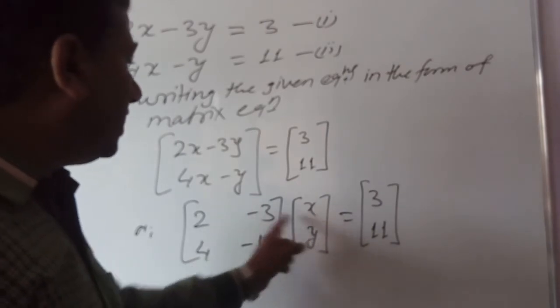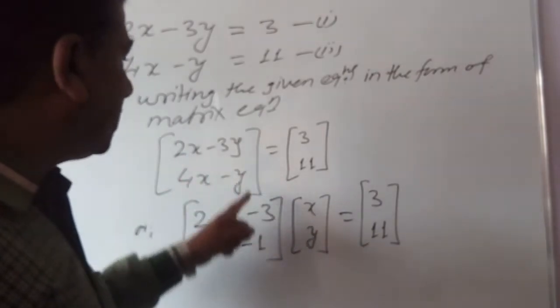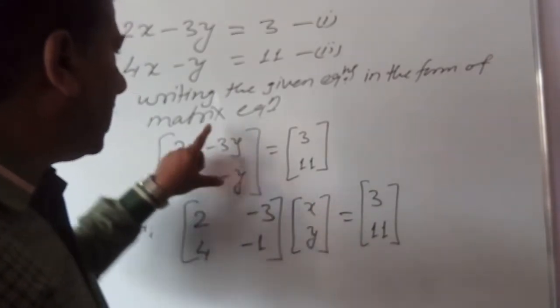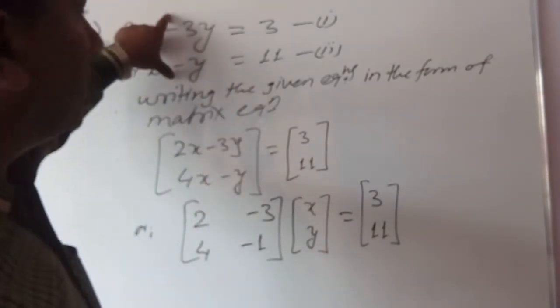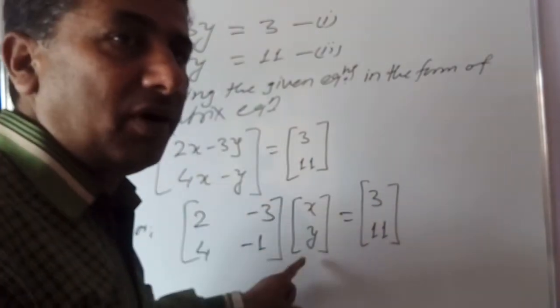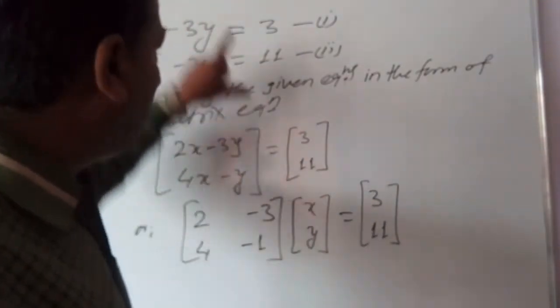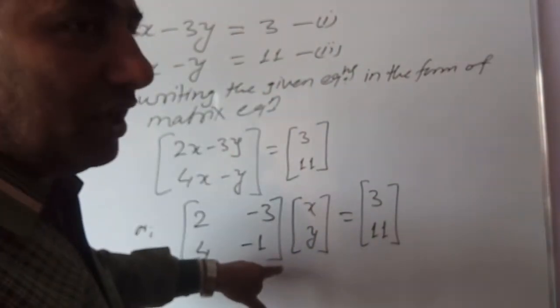Now multiply this matrix and this matrix. If we multiply, we get 2x minus 3y, 4x minus y, and equating, we get again equations 1 and 2. That's why they are the same, only their structure is different.